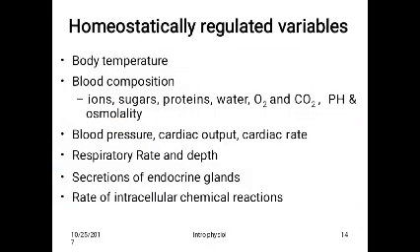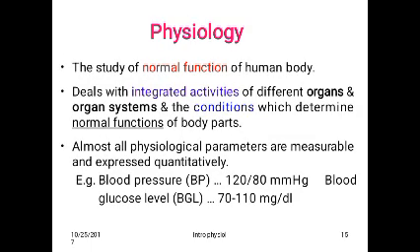Homeostatically regulated variables: body temperature, blood composition, ions, sugars, proteins, water, oxygen and carbon dioxide, pH, and osmolarity, blood pressure, cardiac output, cardiac rate, respiratory rate and depth, secretions of endocrine glands, rate of intracellular chemical reactions.